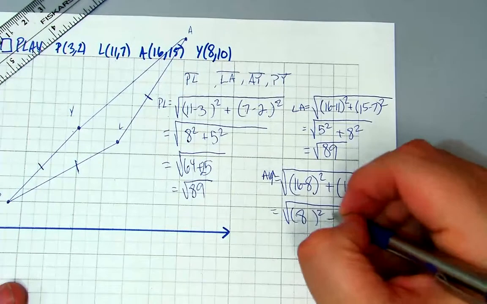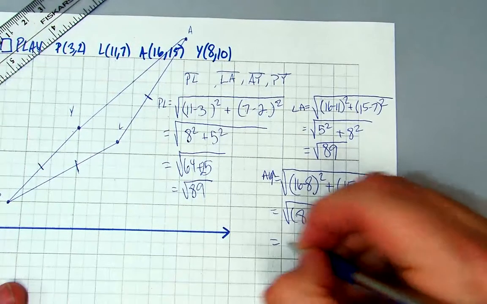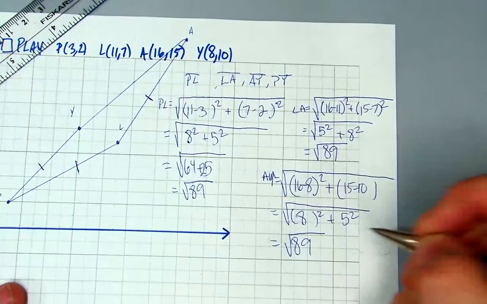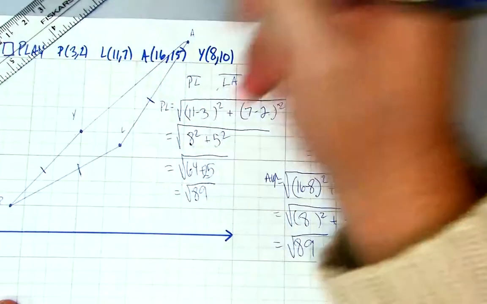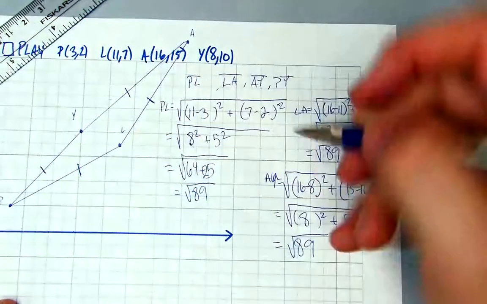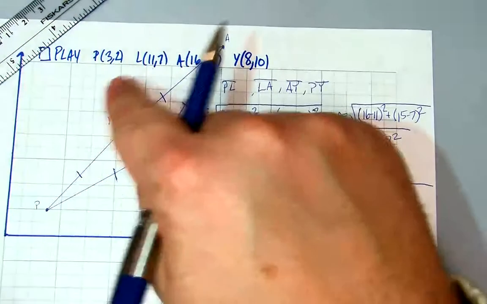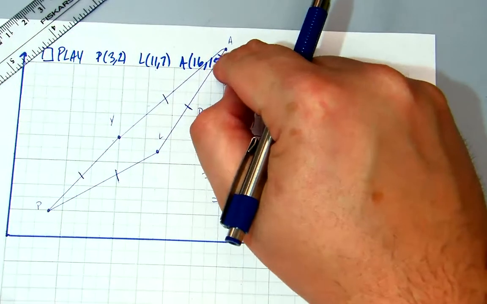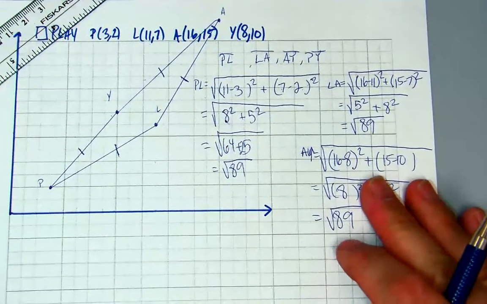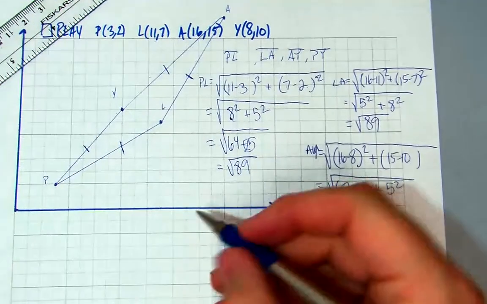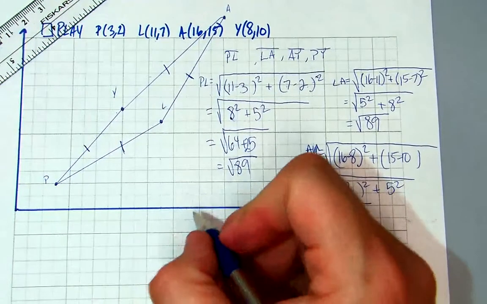That's 8 squared plus 5 squared, which is what we've gotten every single time, 89. And so I know that AY is the same value. I know the picture's a little bit messed up, and that's because I had to go off the grid a little bit here. And that happens. We'd have to redraw it if we needed to in a special case.